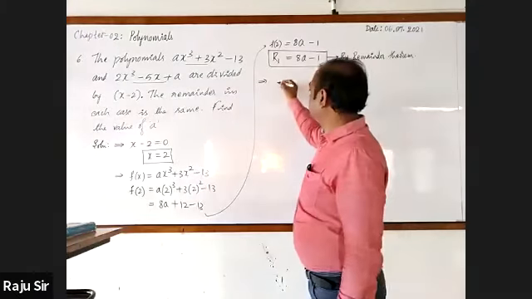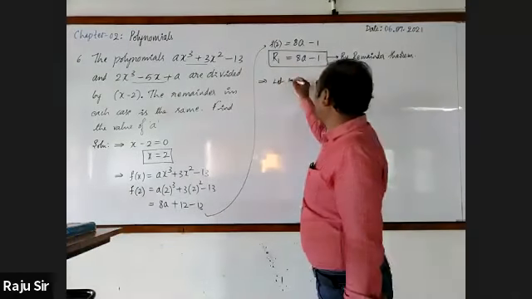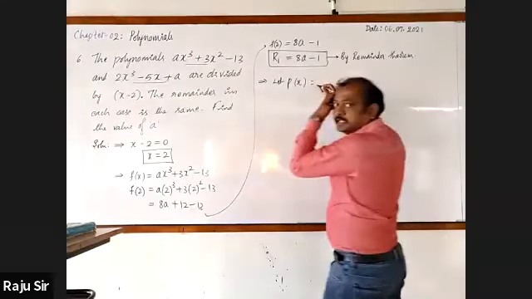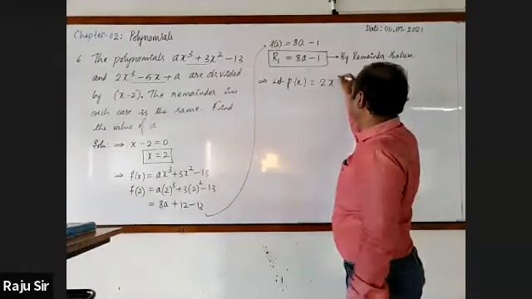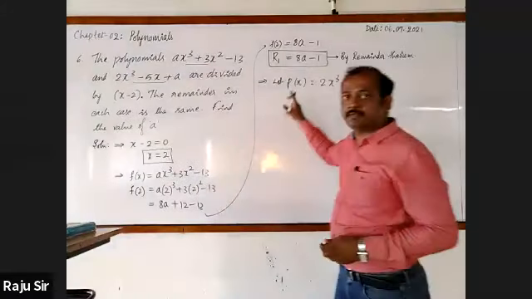So I take the second polynomial as p of x. p of x is equal to 2x cube minus 5x plus a. Now substitute again 2 in place of x.